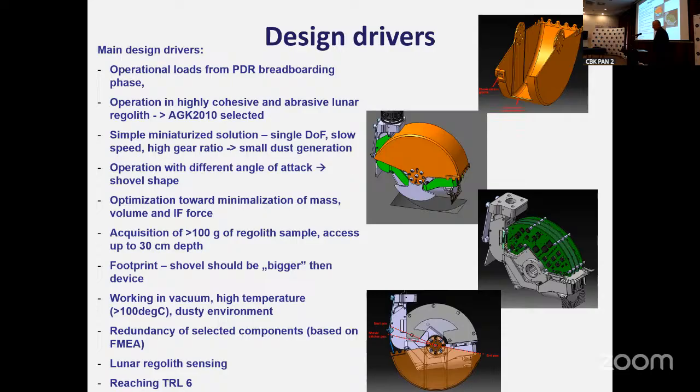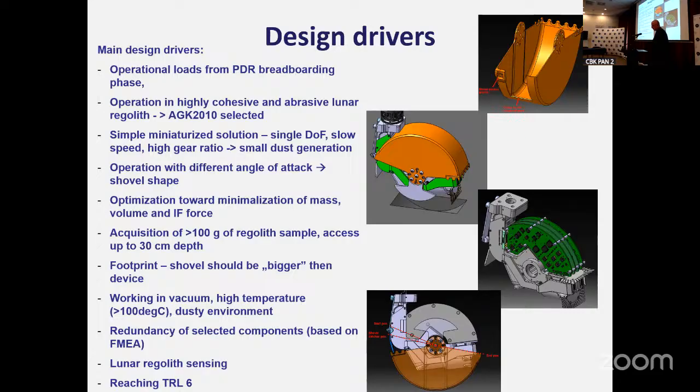We wanted to have a single degree of freedom, slow speed, in comparison to previous hammering devices. It is a slow speed solution with high gear ratio to have small dust generation. We wanted to have operation with different angles of attack. Angle of attack is the angle between the tool and the normal to the surface.